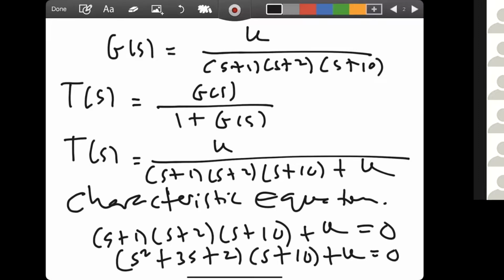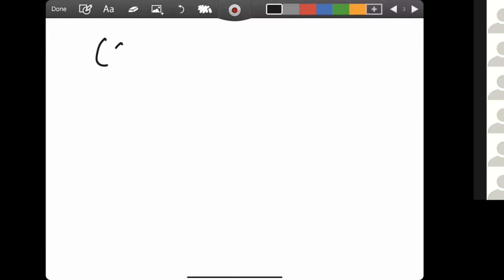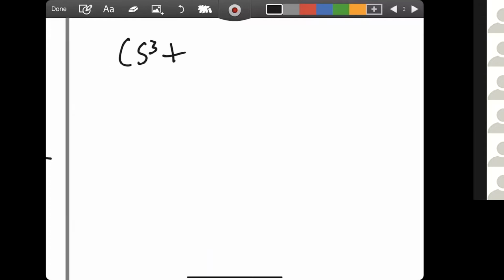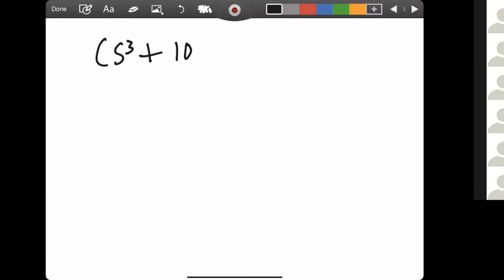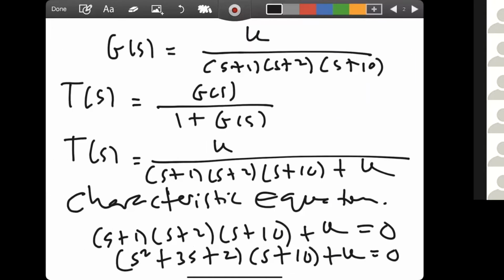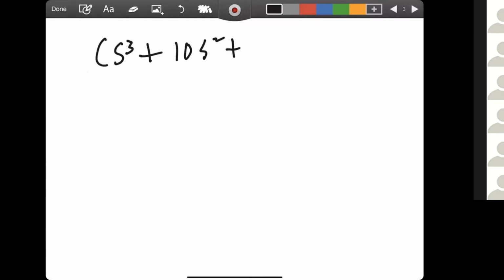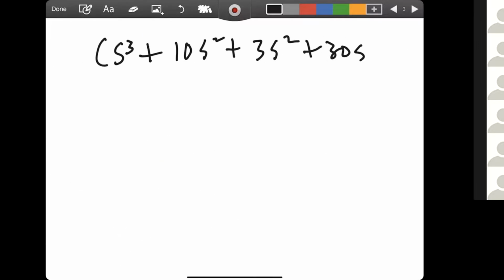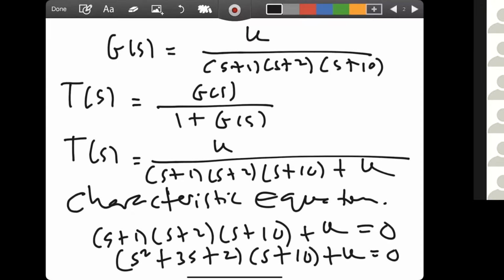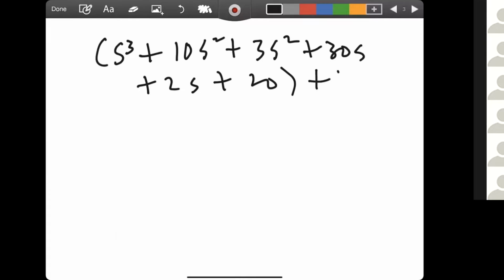Jadi kalau kita multiplykan lagi, dia akan jadi S cubic plus 10 S square plus 3S square plus 30S plus 2S plus 20 plus K equal to 0.